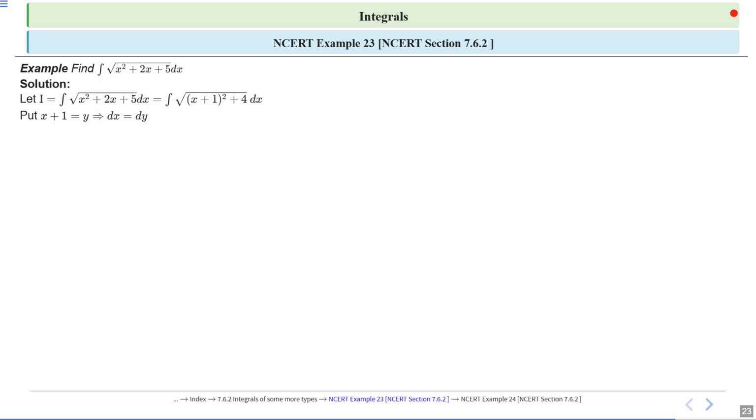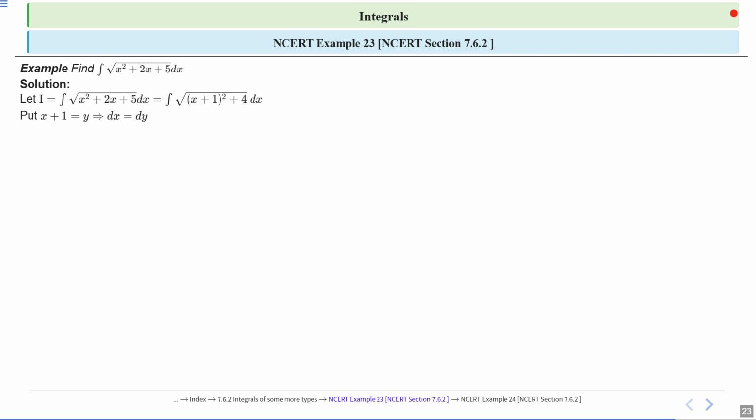So x square plus 2x plus 5 can be written as x square plus 2x plus 1 plus 4. And we know x plus 1 whole square is x square plus 2x plus 1. So in place of x square plus 2x plus 1, we write x plus 1 whole square plus 4. So the polynomial x square plus 2x plus 5 can also be written as x plus 1 whole square plus 4.